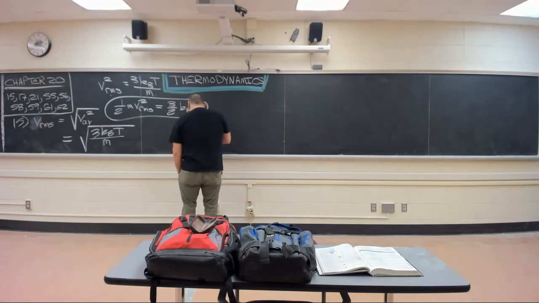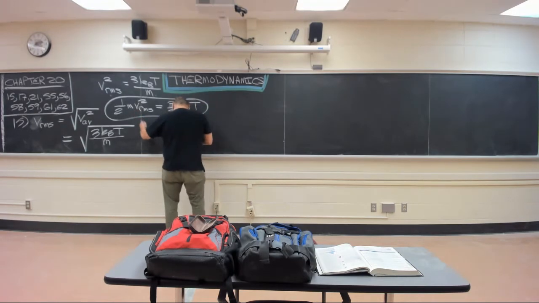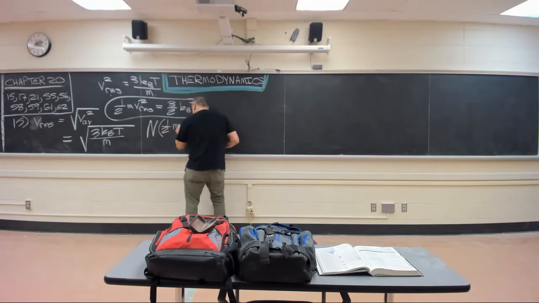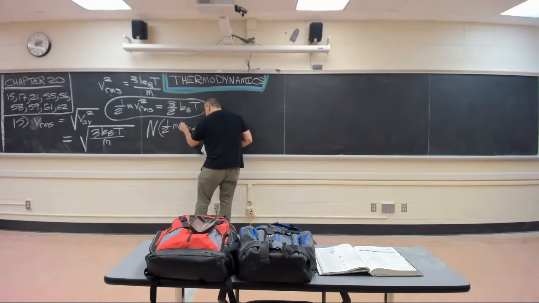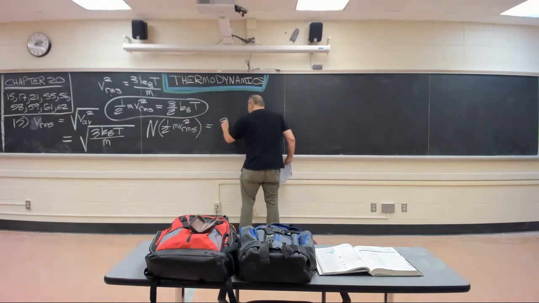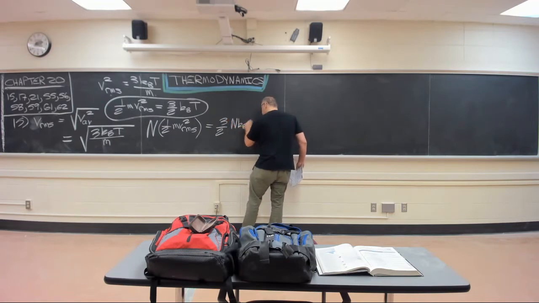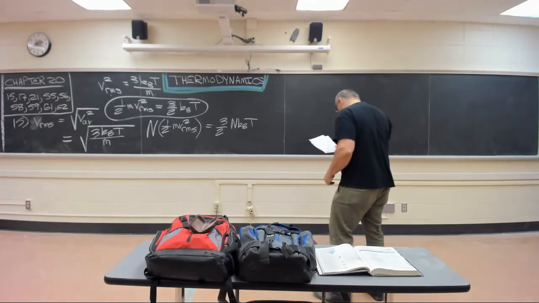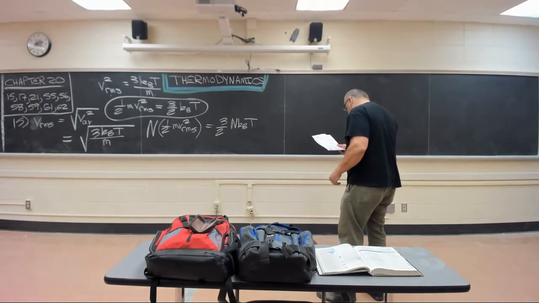If you take this quantity and multiply it by N, the total number of particles present, multiply by capital N. Okay, now it's looking real familiar all over the place. So you got something like that there.